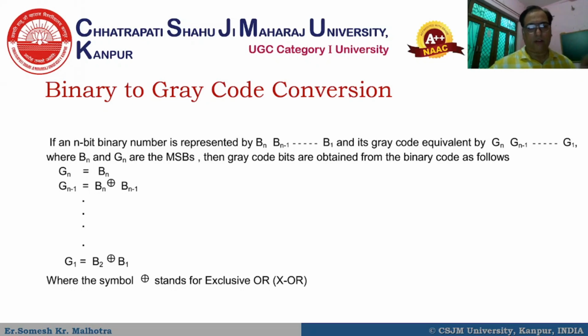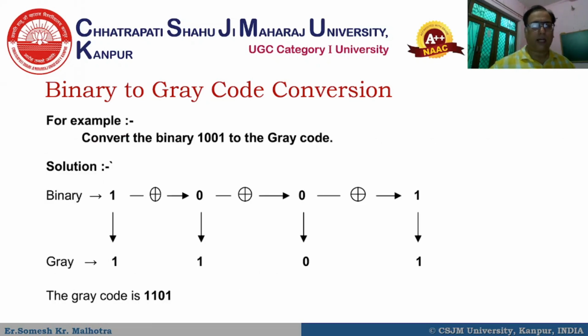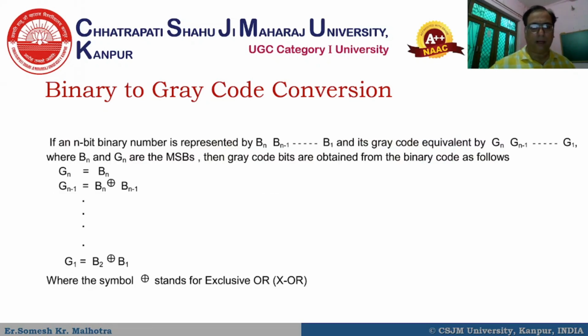Now gn, the first MSB, is the same as the binary code, that is gn equals bn, and gn minus 1 is nothing but bn XOR bn minus 1, and so on. We just perform the XORing, and we finally get g1 equal to b2 XOR b1.